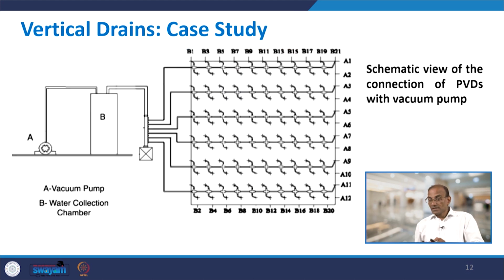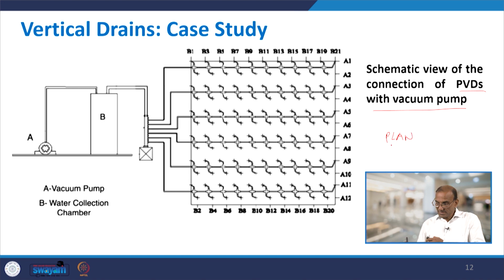Here further details are given for the PVDs with vacuum pump. As we said, it can be used in two ways: one is using a vacuum pump, another is surcharge loading. This is with the vacuum pump. A vacuum pump is here, and then you have a water collection chamber. This is the plan of the PVDs, and you have rows of PVDs.